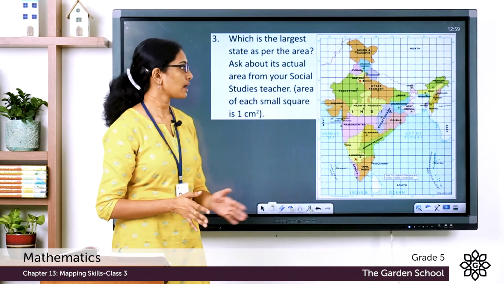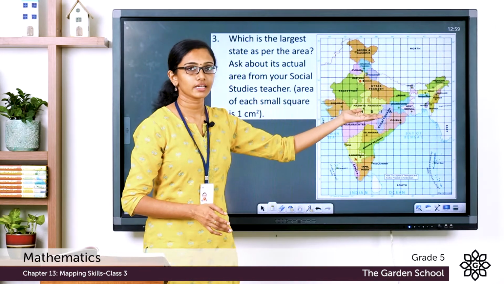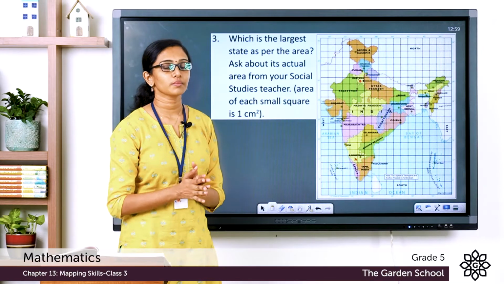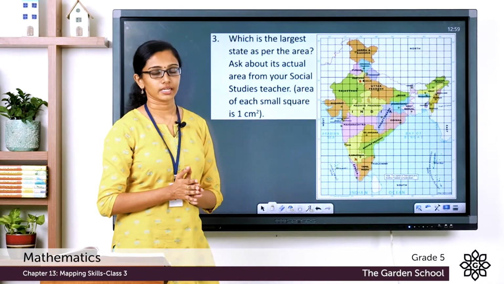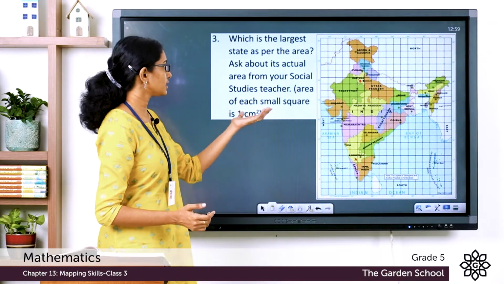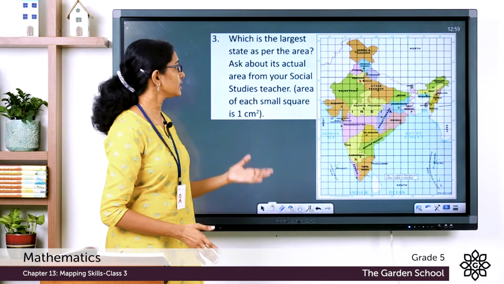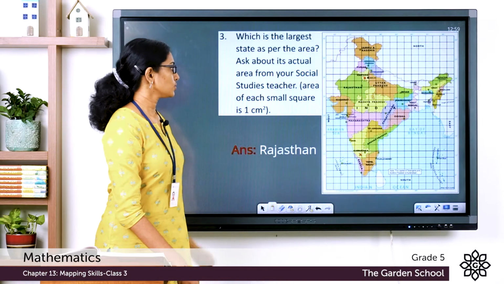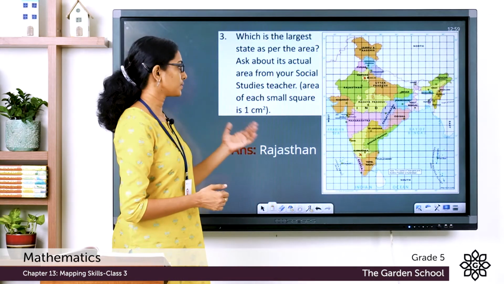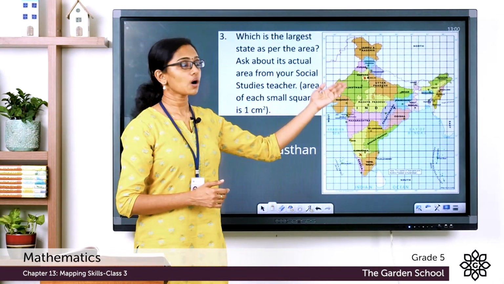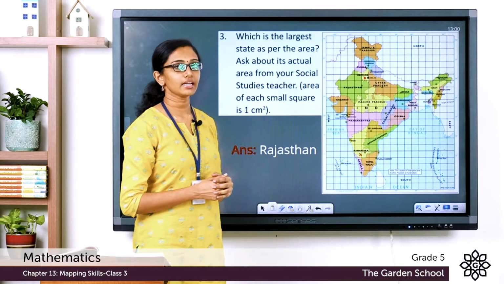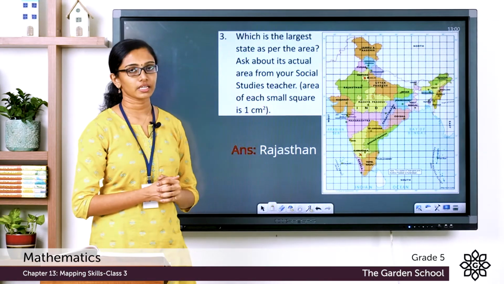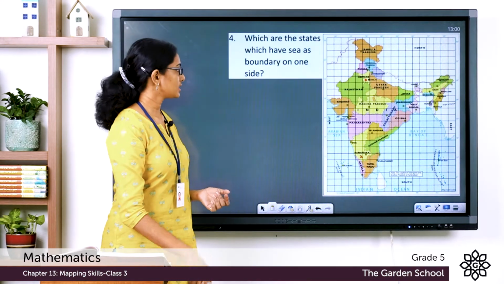So when you look at the map and when you count the squares and calculate the area, it seems that Rajasthan covers the most number of small squares on this square grid, and hence it should be the largest state having the largest area based on this square grid. So let's write the answer here as Rajasthan. You can check the area of the other states as well and check if Rajasthan itself is the largest state as per this figure given here. Now let's move on to the next one.